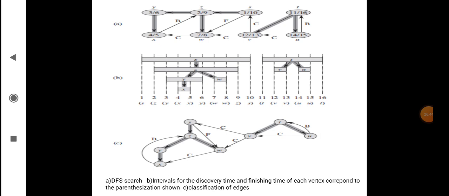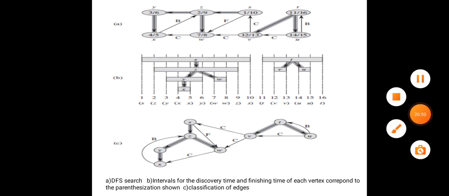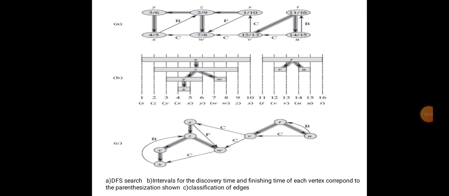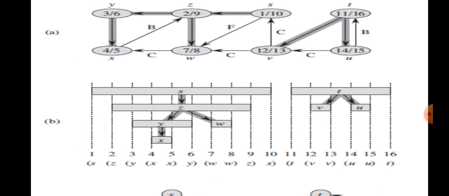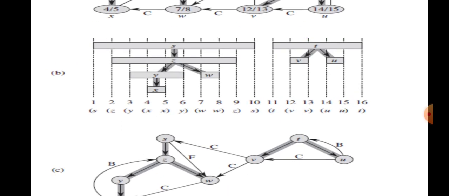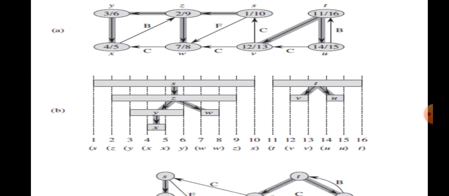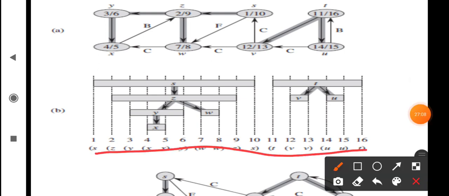Then the interval of the discovery time and finishing time of each vertex corresponds to the parenthesization, which is shown here. First we start from S. We represent the timestamps from 1 to 16, drawn here, and each vertex is represented within the timestamp.